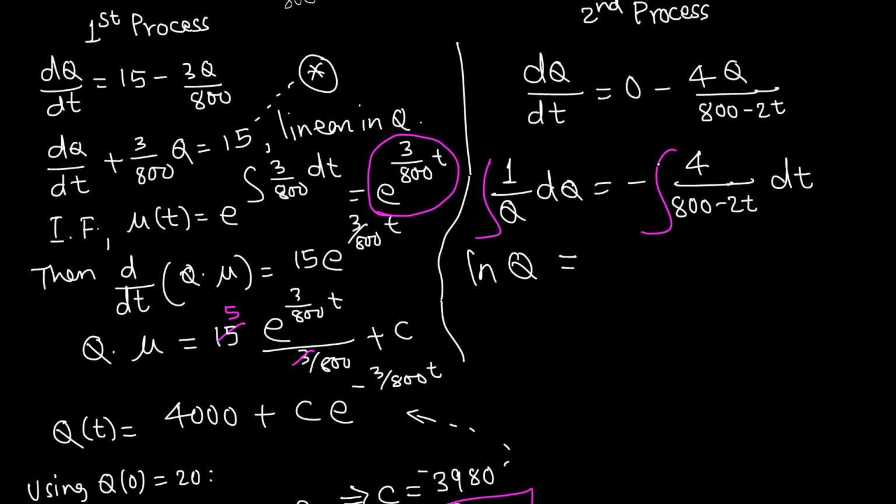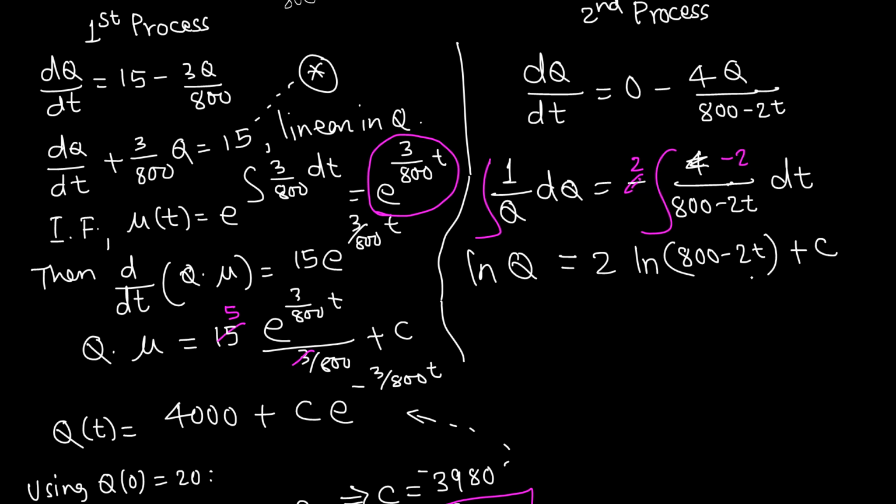How about writing this as negative 2 times 2, because we had negative 4. So pretty much I'm doing a mini u-sub. So 2 outside, the top is the derivative of the bottom, so the entire antiderivative is natural log of 800 minus 2t. Again, time cannot go past this, so we don't have to use absolute value, plus C.